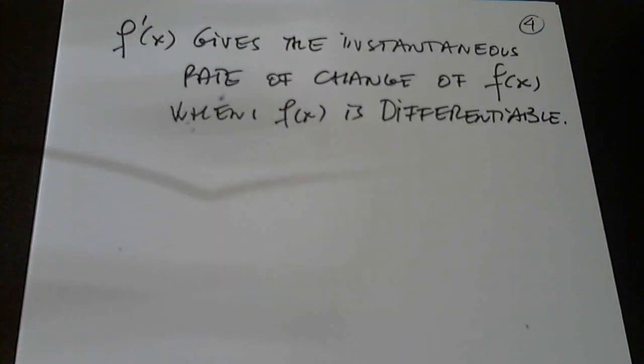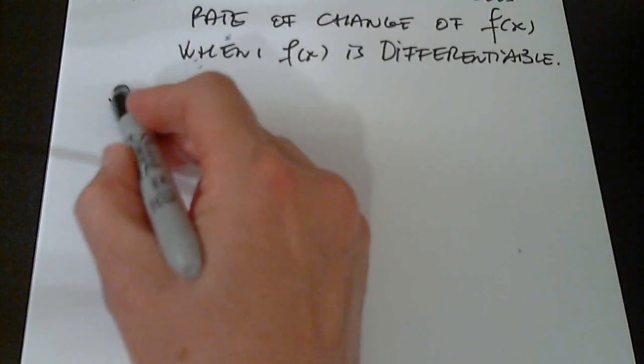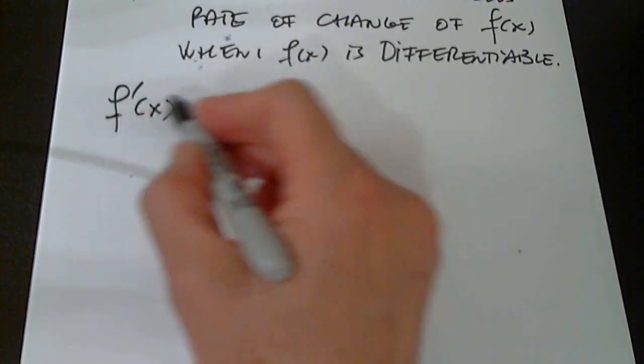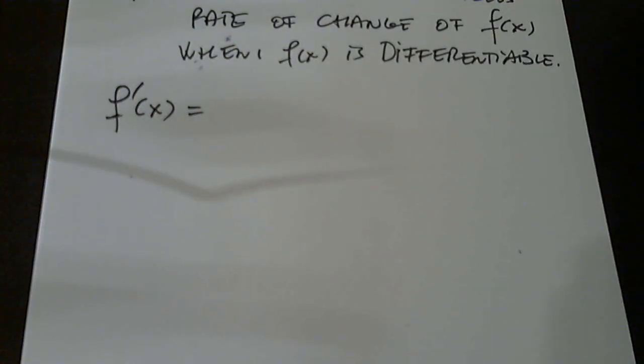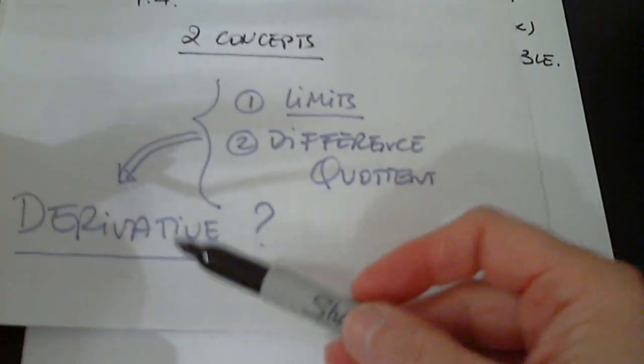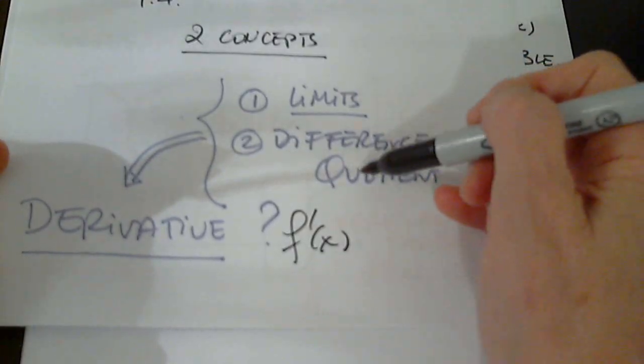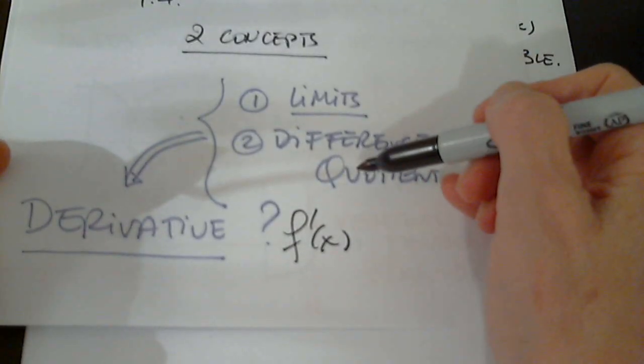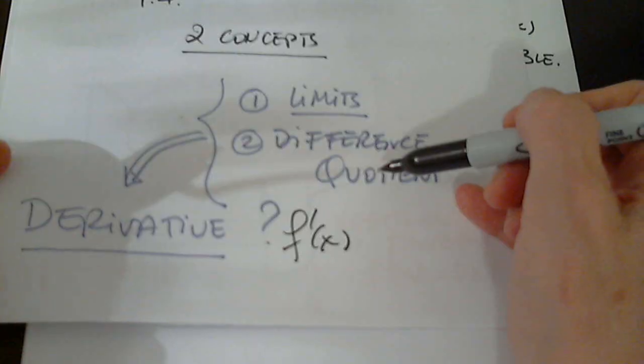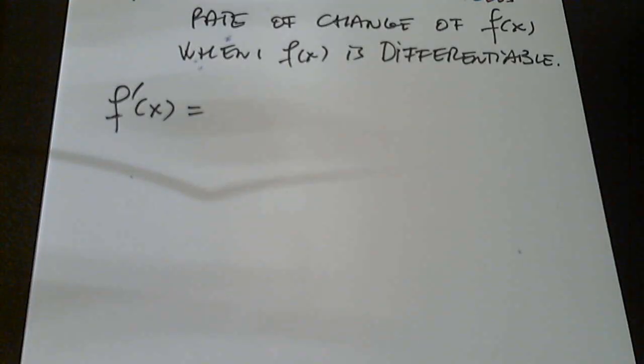Okay, finally, I'm coming back to the two concepts that we are talking about. We are going to put them together. Very easy to remember moving forward. The derivative, or f prime of x, uses these two concepts put together. Of course, the limit is first, and of course, the difference quotient is next.